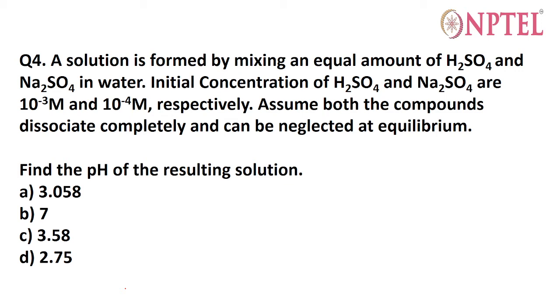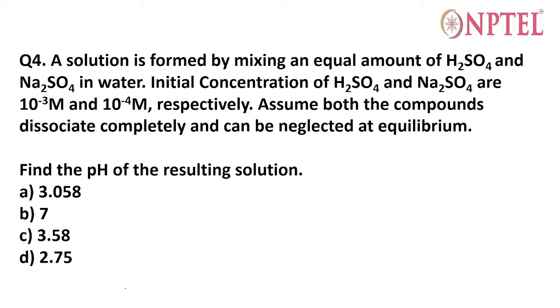So we have mixed two different chemicals: one is H2SO4, sulfuric acid, and the other is Na2SO4, sodium sulfate. The initial concentrations of sulfuric acid and Na2SO4 are 10 to the power minus 3 molar and 10 to the power minus 4 molar.